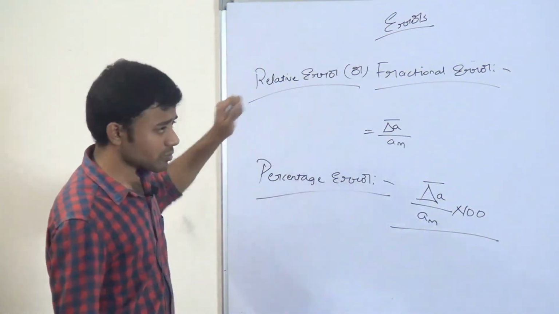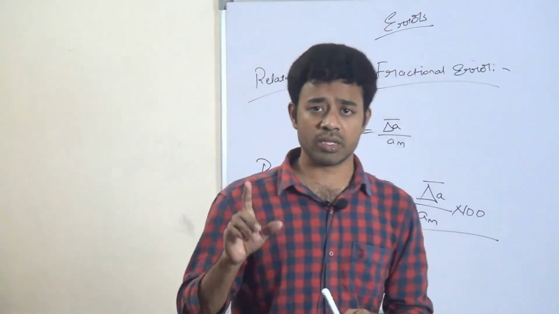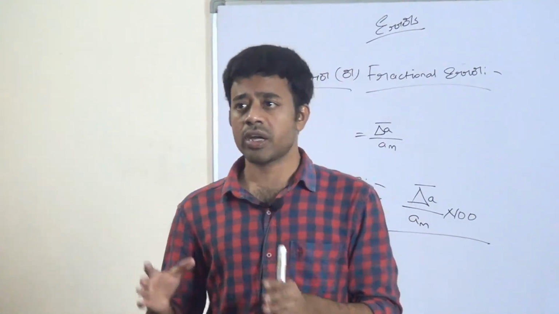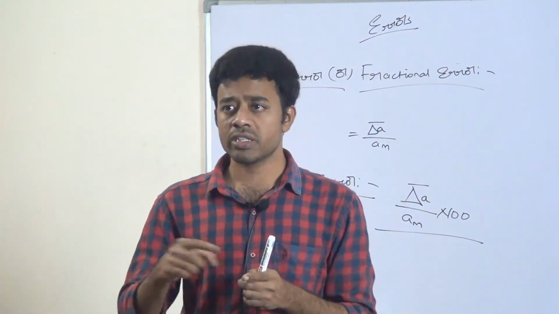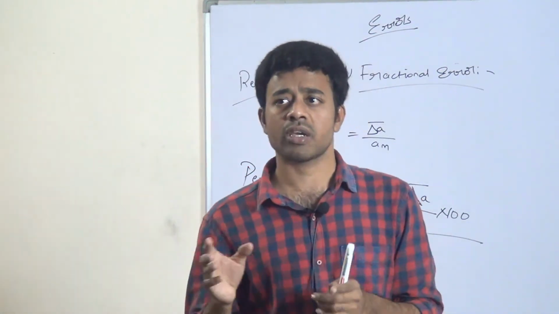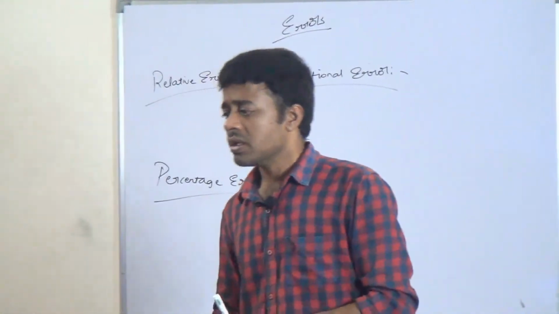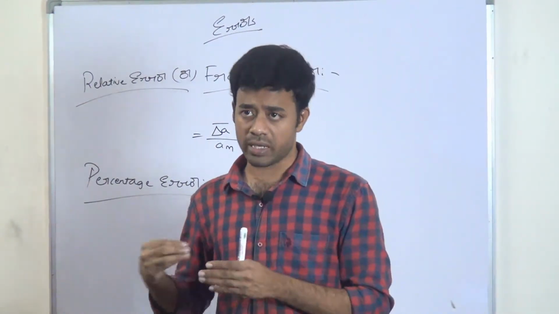Here we have discussed the four types of error. The first one is absolute error, which means first you find the mean of the values you have. Then you find the difference between the mean and each and every value, which gives the absolute error for each value. Suppose you have the values A1, A2, A3 and A4, and the mean value AM.